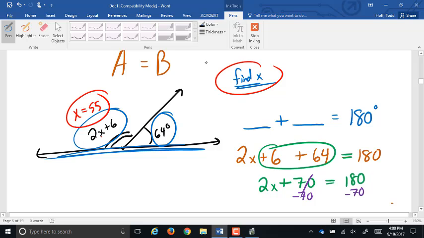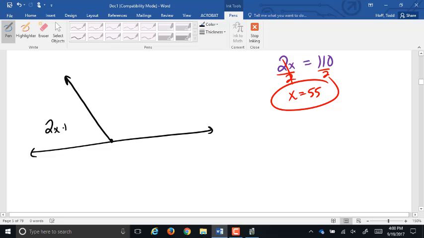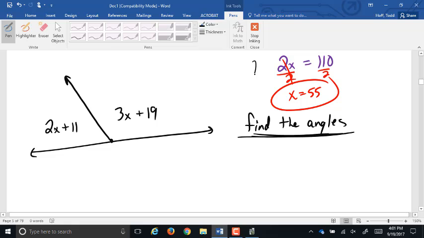The reason I caution to make sure we go back and find the question is sometimes we'll run into things like this. Where we have 2x plus 11 and 3x plus 19, and we might be asked to find the angles.